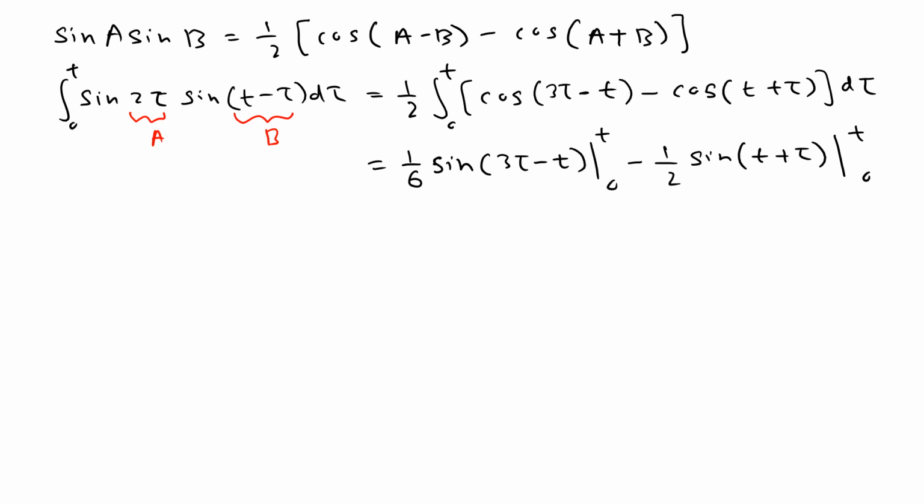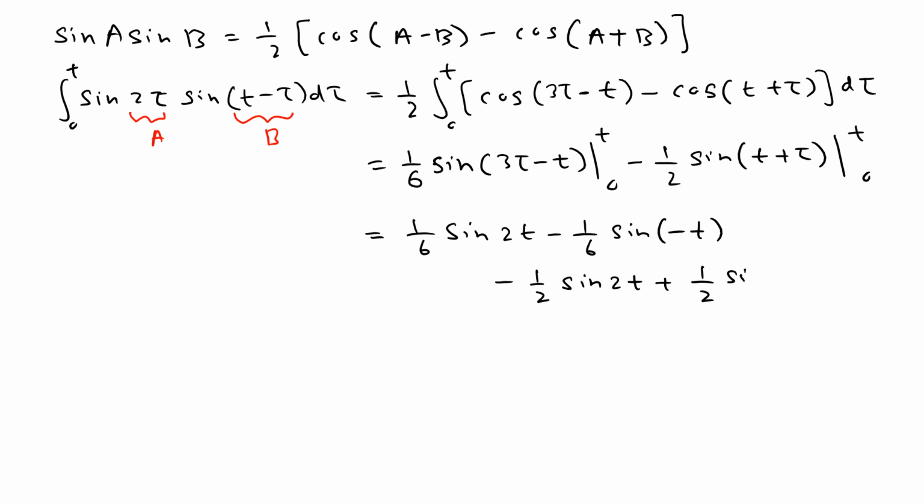Then we put those numbers in and simplify. When you plug in t, it's going to be 1/6 sine 2t minus 1/6 sine of minus t, and from the second one you get 1/2 sine 2t plus 1/2 sine t.